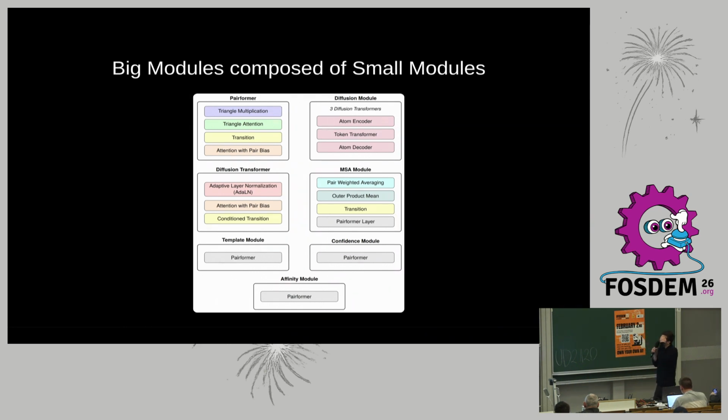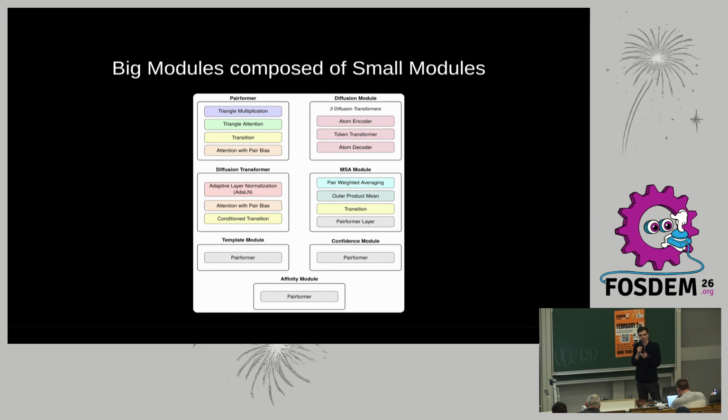I would say the most interesting small modules are triangle multiplication and triangle attention, and they have cubic complexity, not just quadratic complexity like, for example, regular self-attention. The triangle comes from the fact that between those atoms the triangle inequality holds, and that is just inductive bias.